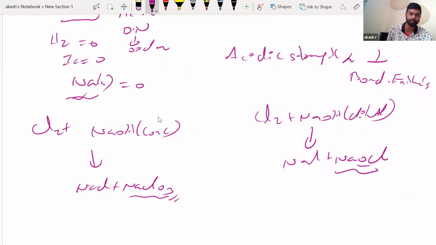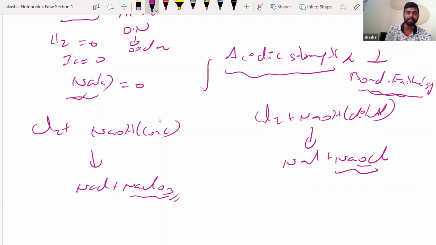Easier to break the bond. If you can supply less energy and break the bond, that becomes a better acid. That is why acidic strength and bond enthalpy are inversely related. A weaker bond can be broken with less energy spent, so that becomes a stronger acid, right?